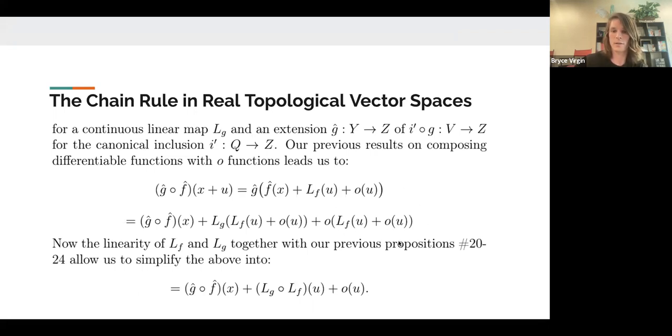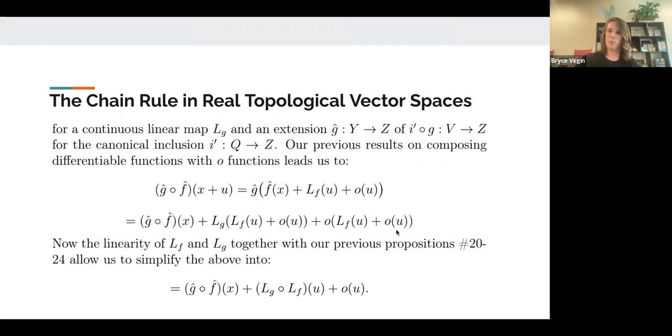On the other hand, right over here, we have a little o function composed with a differentiable function which vanishes at 0 and is well approximated by LF, because this is what it means to be such a function. You are equal to your value, which is 0 here because it doesn't appear, plus your linear approximation plus some error term.